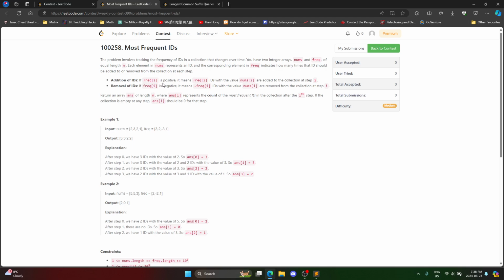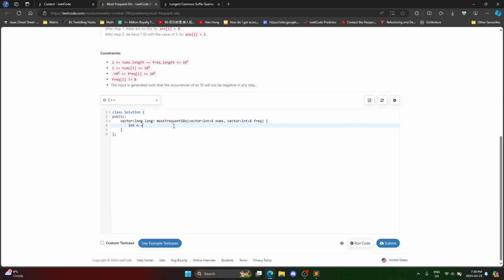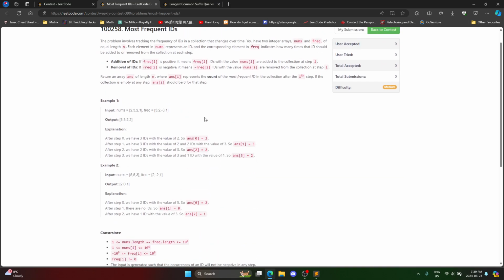It means frequency. Okay, so step 0, we add 3 IDs, value 2.